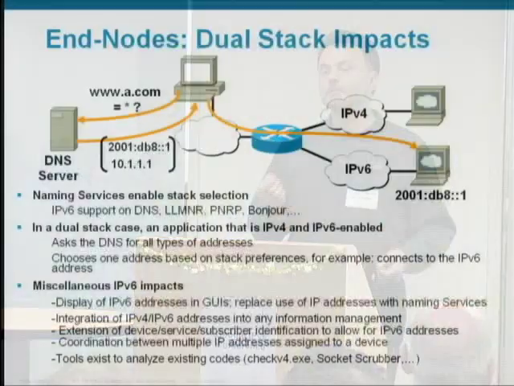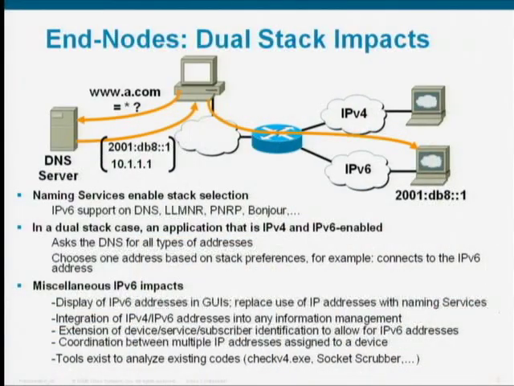Now the fact is, as was said, from an end user perspective, I really don't care what protocol you are using. I want to use my application and access it. So the tiebreaker is really the naming services. DNS will return different kinds of addresses.